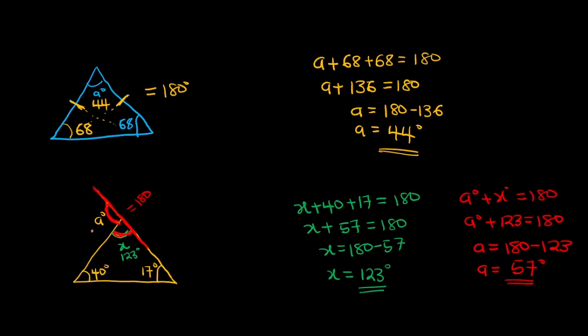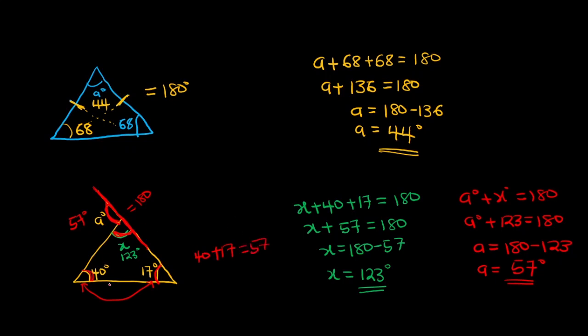So my value for A over here is 57 degrees. Which, if you look at it, is just equal to the sum of the two angles over here. So we can just add these two angles directly from the beginning and still get the value of A over here. It's just 40 plus 17, and that is 57.